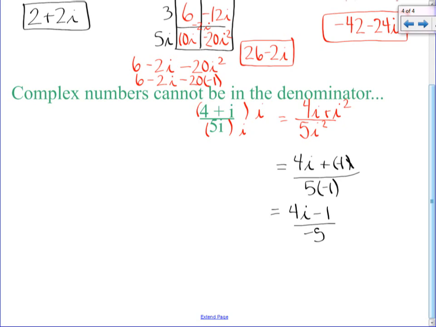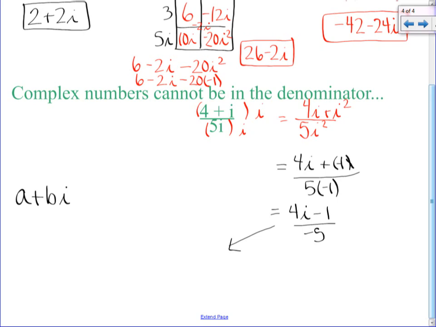Now, we need it in this form, a plus bi. So how are we going to do that? Okay, so what would that look like? Okay, you're totally right, but we're going to take it a little bit slower than that.